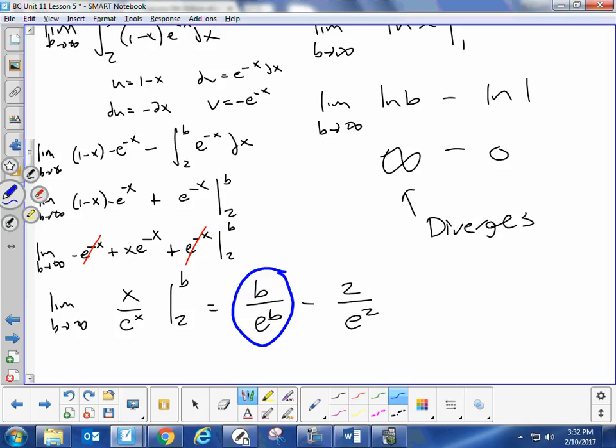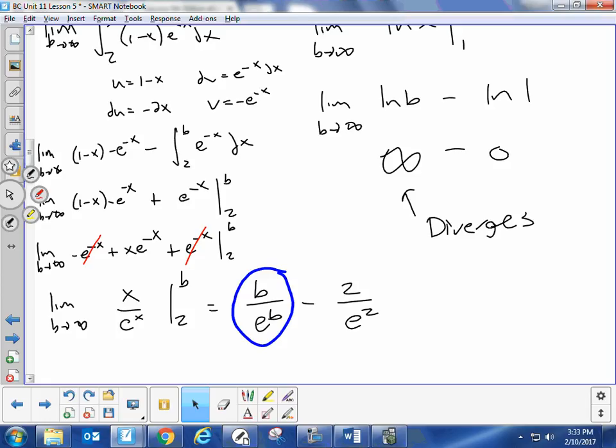If you remember our limits, when we're talking about infinities, it's all about the growth of our numerator versus our denominator, right? What's growing faster, what's growing slower? You know, e to a power is definitely going to produce bigger numbers as we're plugging in bigger numbers than just x to the first power.